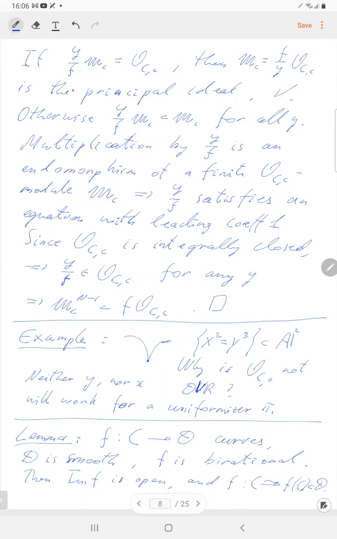Normalizations work from a smooth curve to another non-normal, non-smooth curve. But you cannot have a morphism from a non-smooth curve to a smooth curve. That's the point of this proposition. You can have resolution of singularities, normalization from smooth to non-smooth, but not in the opposite direction.